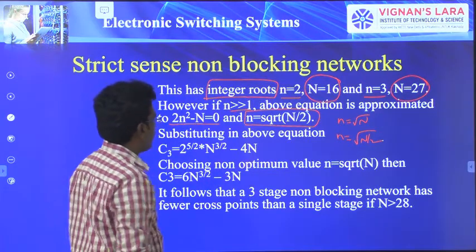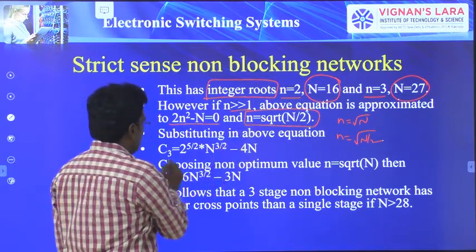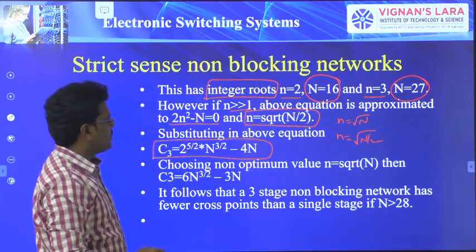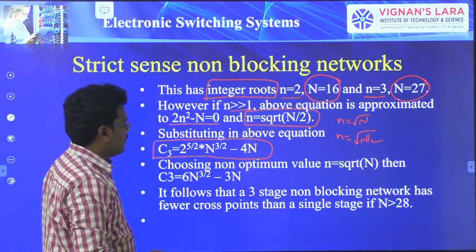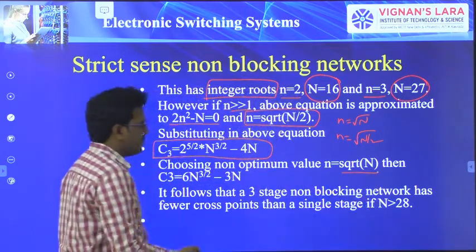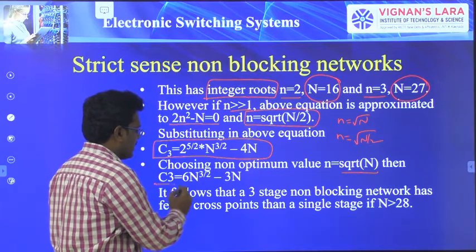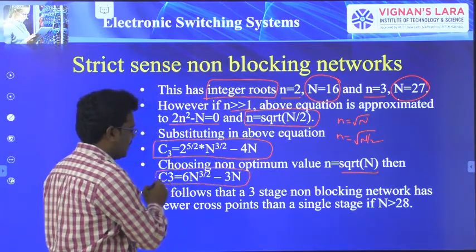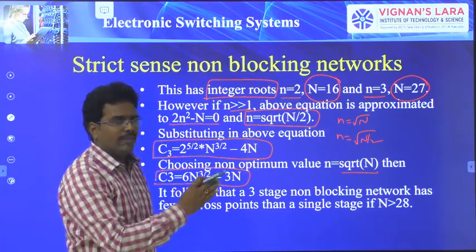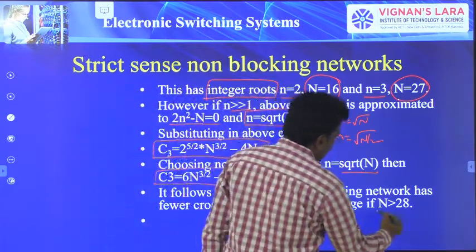This is the formula. After substituting this value, the number of cross points is equal to 2 power 5 by 2 into N power 3 by 2 minus 4N. If you choose the value n is equal to square root of N, in that case the value of C3 is 6 N power 3 by 2 minus 3N. We will get the optimum values only when N is more than 28.